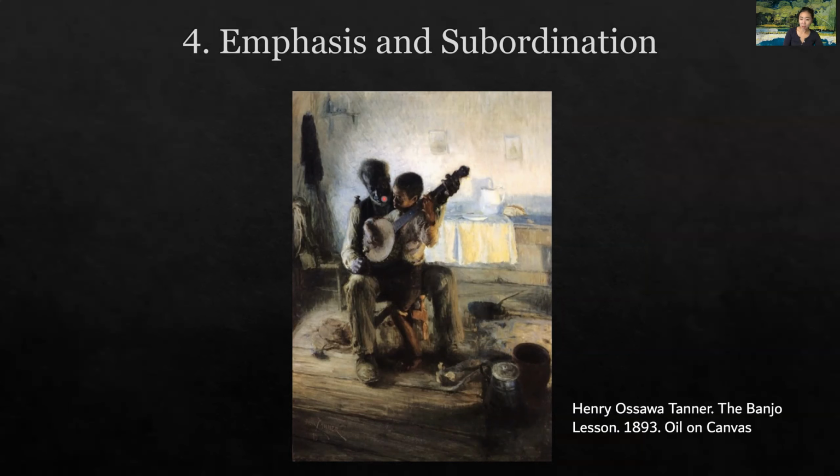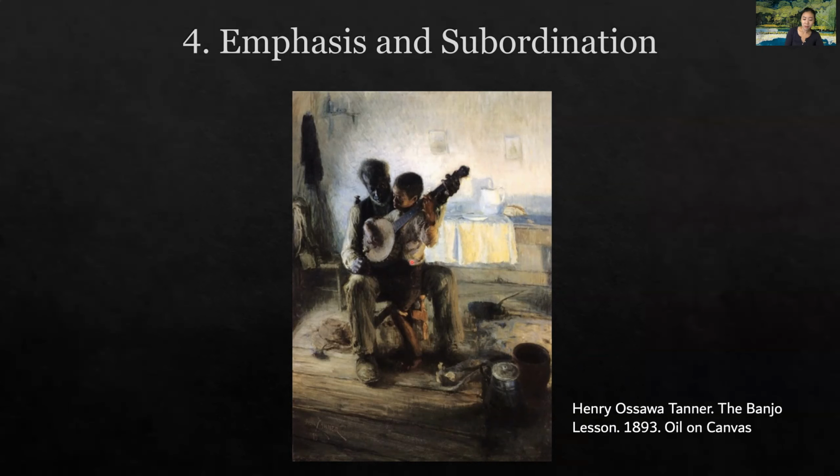So even though the figure has the shadow, the lights surrounding these figures, so we can easily see, oh, this part is the emphasis in this painting, right? So then the focal point in this area is this boy, right?